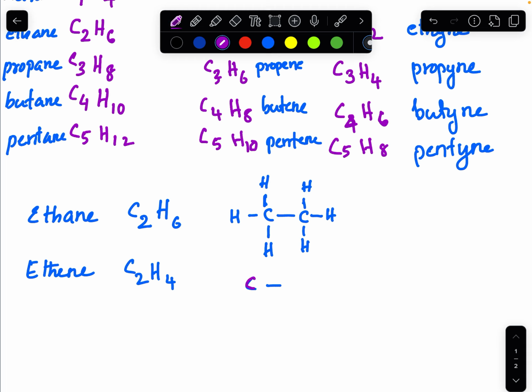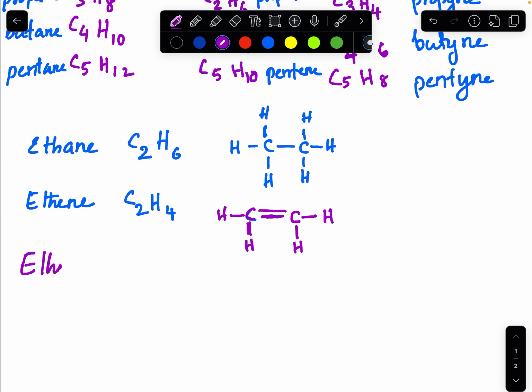I'm drawing 2 carbons, C single bond C. Then I know there are only 4 hydrogens, so I'm going to draw 2 lines here, H, H, H, H. But this structure is not correct because carbon needs 4 valency, that means 4 bonds need to be connected. Since it is missing and we don't have more hydrogen, that is the time you add a double bond there.